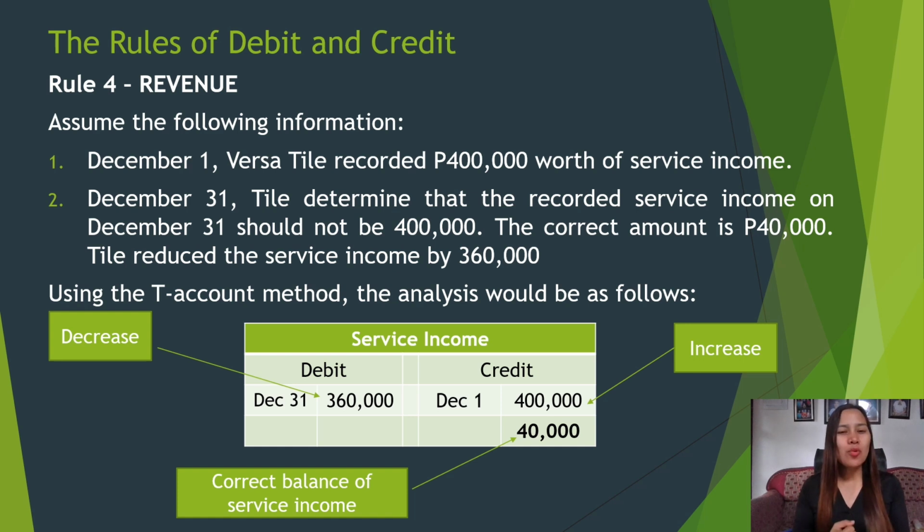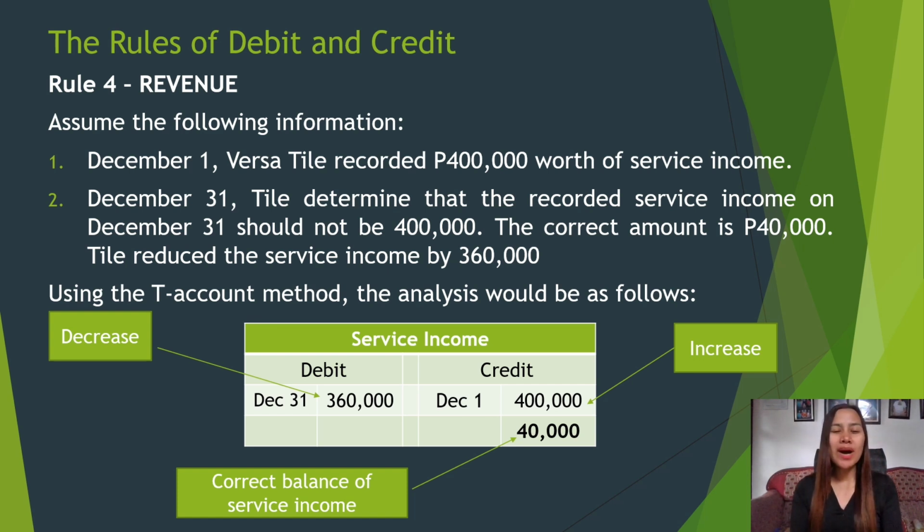On December 31, Versatile determined that the recorded service income on December 31 should not be 400,000. So, the correct amount is 40,000. So, what should be done? In order to adjust or to correct the recorded service income, the accountant should reduce the recorded amount 400,000 by 360,000.